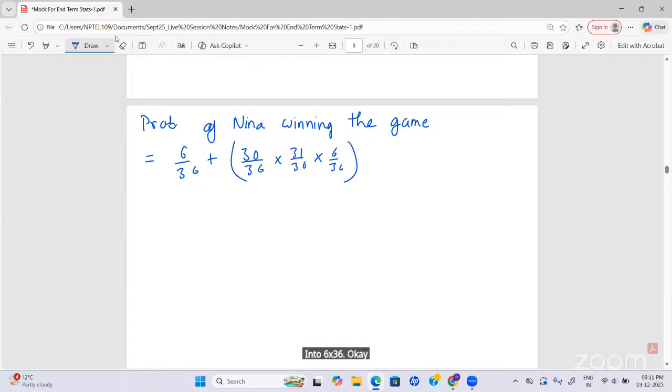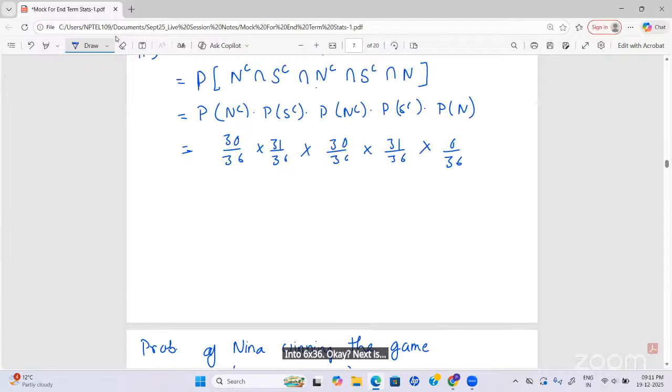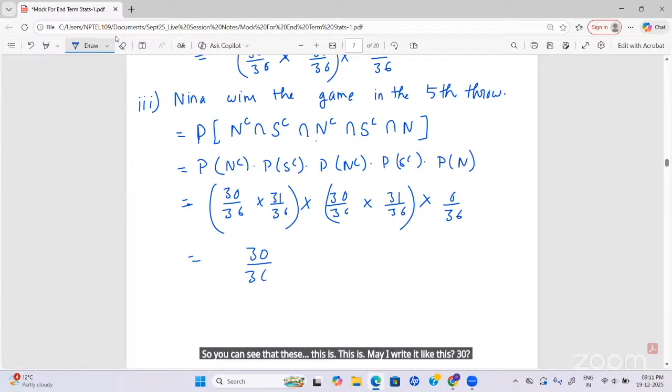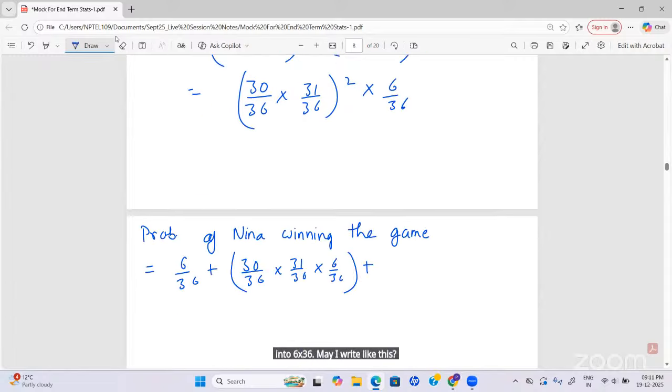Next is this thing. Nina wins the game in the fifth throw. So may I write it like this? 30 by 36 into 31 by 36 whole square into 6 by 36. May I write like this? Yes, ma'am.